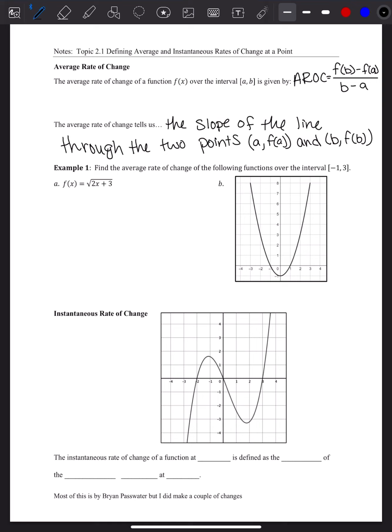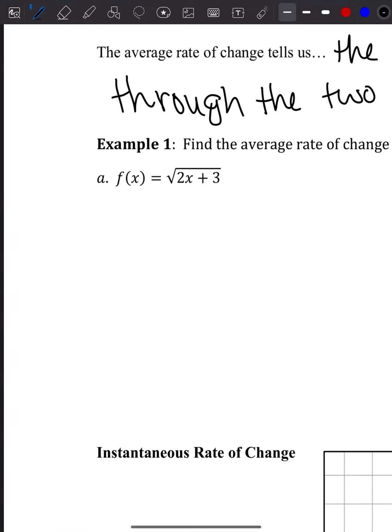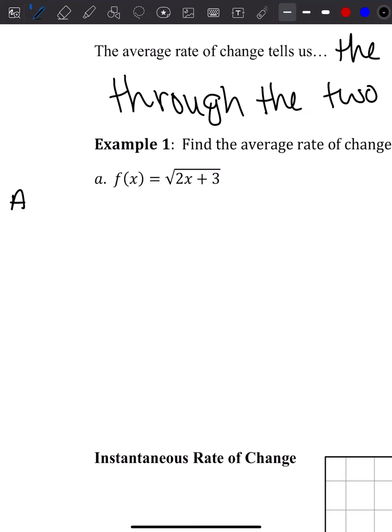So if I want to find the average rate of change, we're going to do average rate of change equals, B is going to be 3, A is going to be -1.